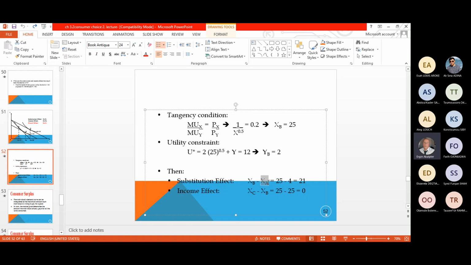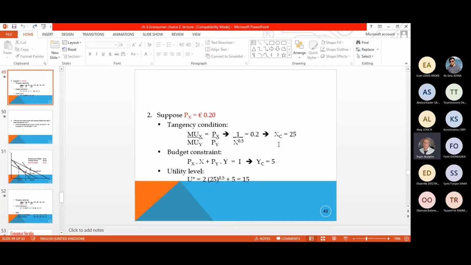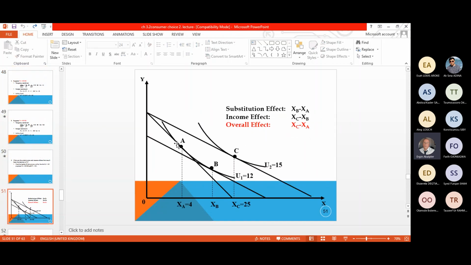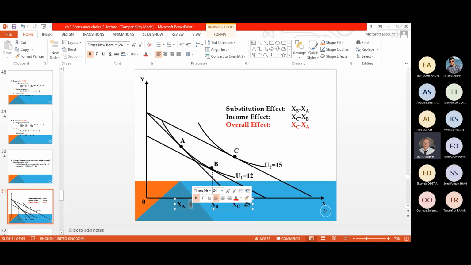Because XA is given, it was 4 in the former example. We are trying to find, as you see here, the 4, on this utility curve, not on that curve. Therefore, we consider this utility function, and we consider the x for this one, not this one, okay?